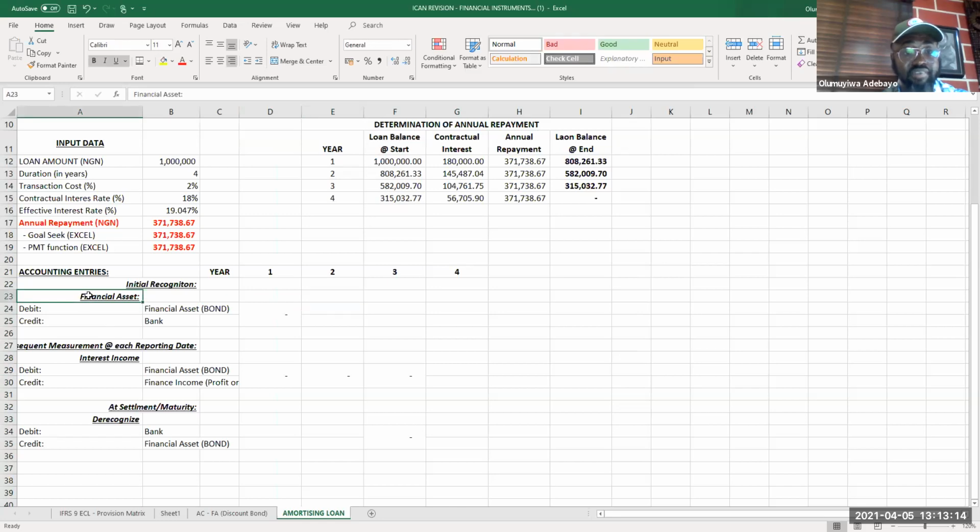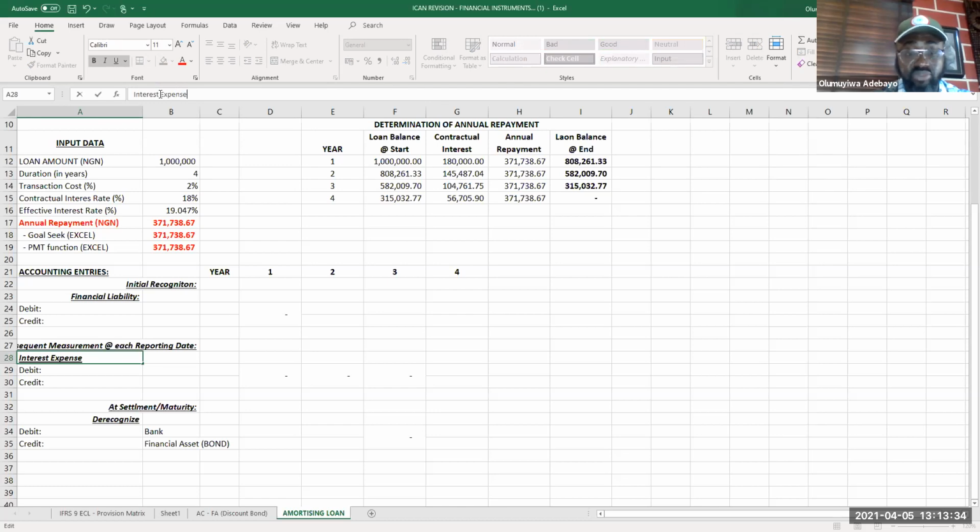Now, this is not a financial asset, but rather a financial liability. Why? Because in this case, we borrowed. And we are not talking of interest income. We are talking of interest expense.